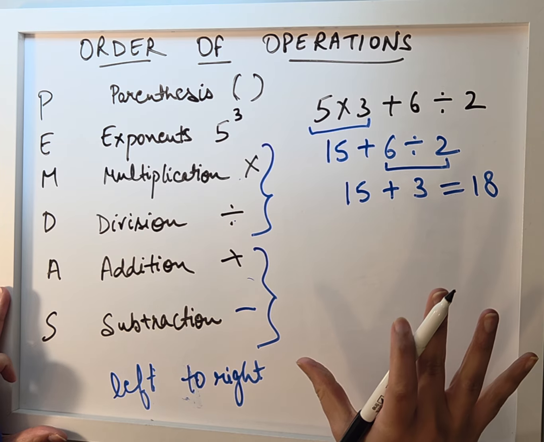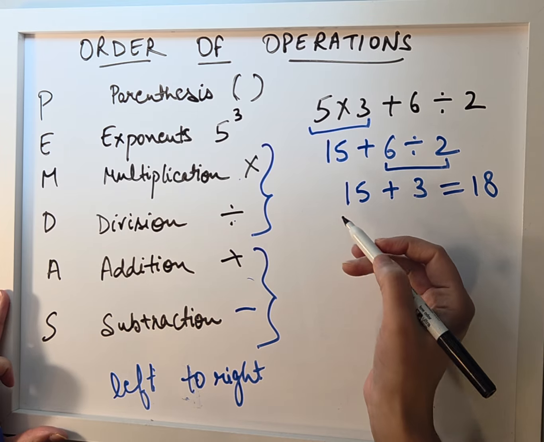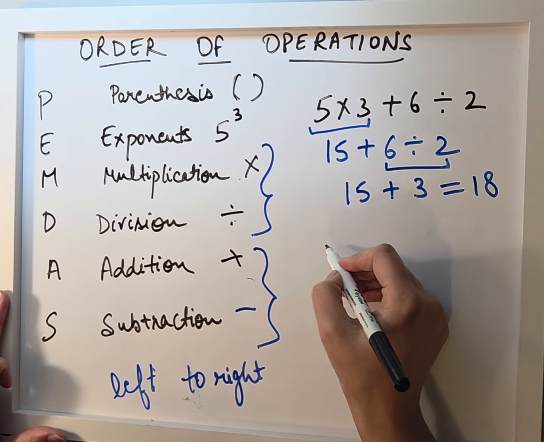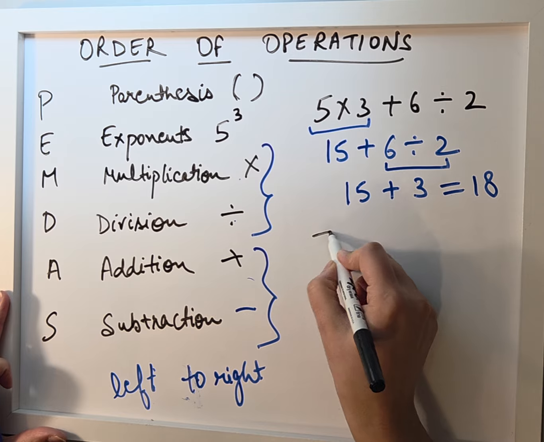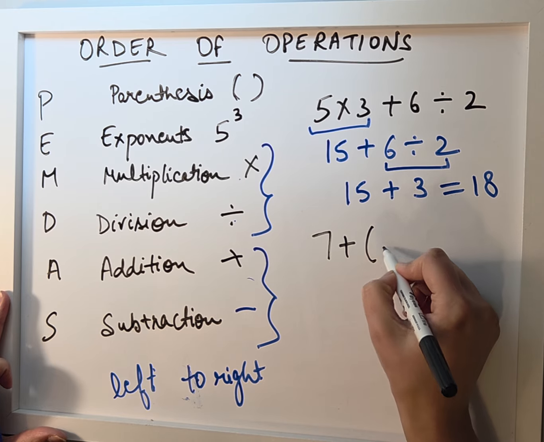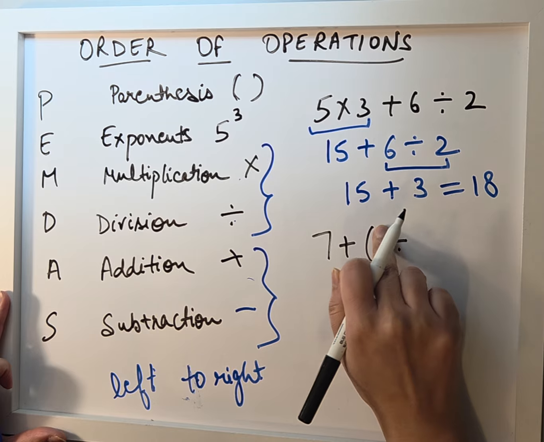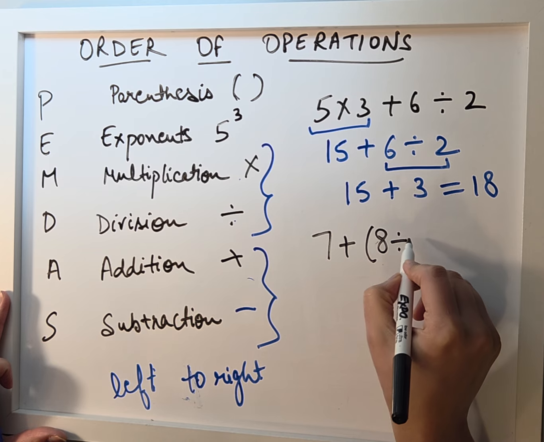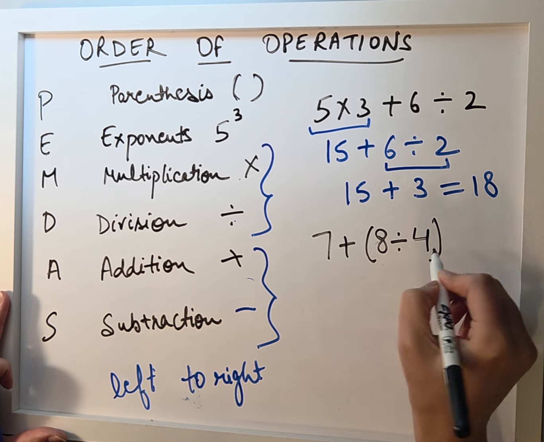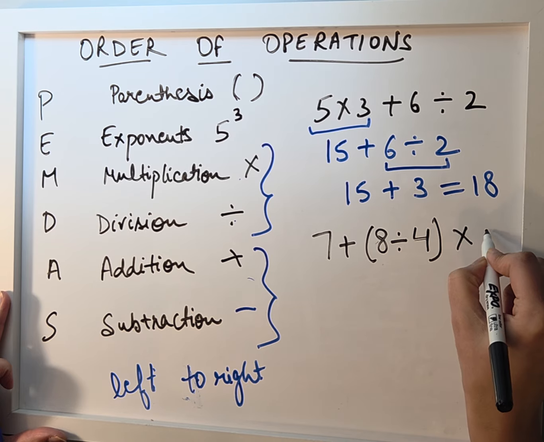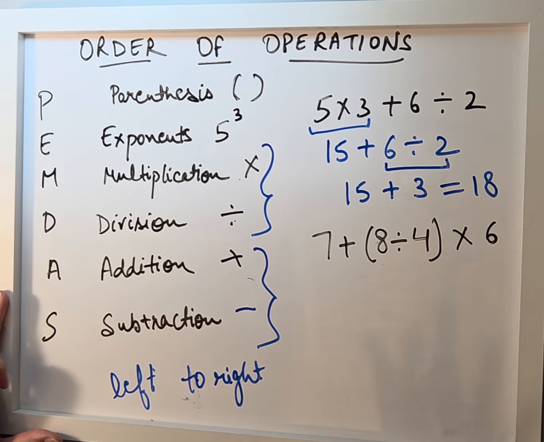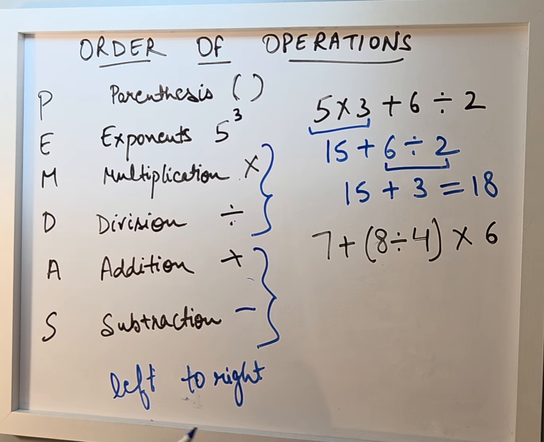Now let's try to understand it with another example. Let's say I have 7 plus, in parentheses, 8 divided by 4, times 6.